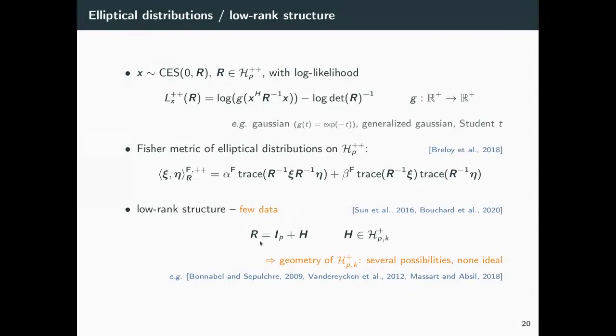And our covariance matrix has this form, where this is the identity matrix, and H is a positive semi-definite matrix of rank K, which is assumed to be known here, and it follows that what we need to study is the geometry of the manifold of positive semi-definite matrices of rank K. And this geometry is not very easy to define, and several possibilities have been proposed, but there are none that are ideal, because there are none where we have a good distance function and all the geometrical objects that we need.